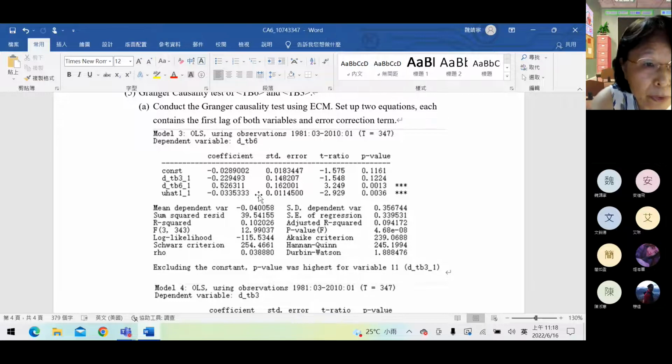For this example, to see whether TB3 Granger causes TB6, you need to do the joint test for the coefficient of TB3 and also the error term. You see what I'm saying here? Yes.